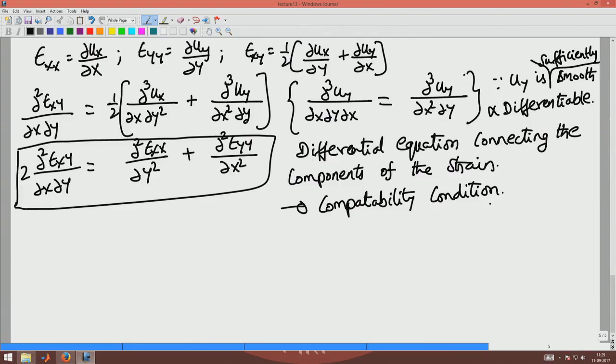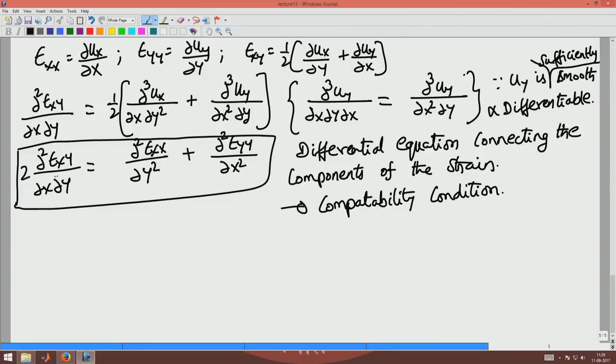If the displacement field is sufficiently smooth and differentiable, there will exist some relationship between the components of the strain. Only prescriptions of strain that satisfy those relationships are admissible strain fields. That is what the compatibility condition tells us.